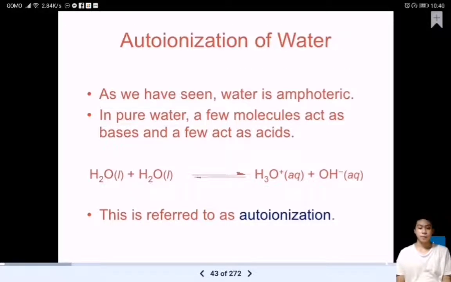So, auto-ionization of water. As we have seen, water is amphoteric. In pure water, a few molecules act as bases and a few act as acids.